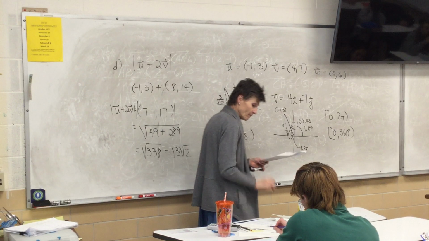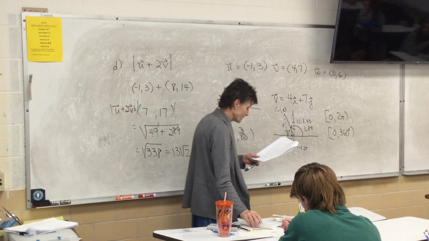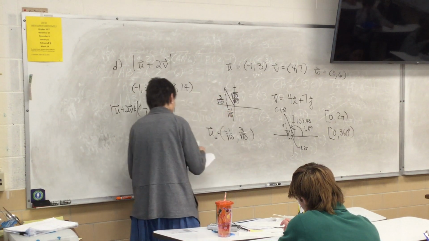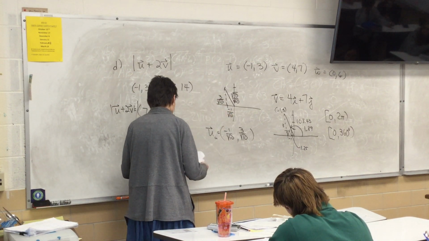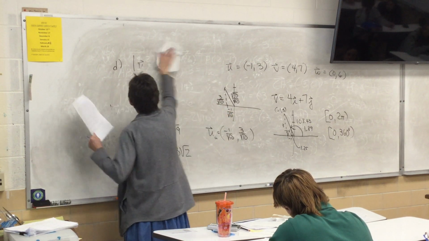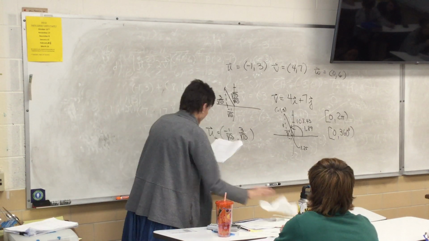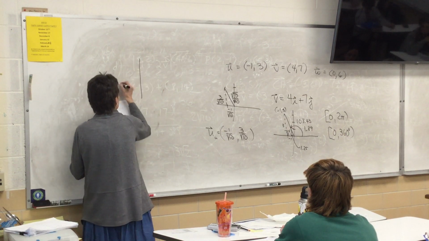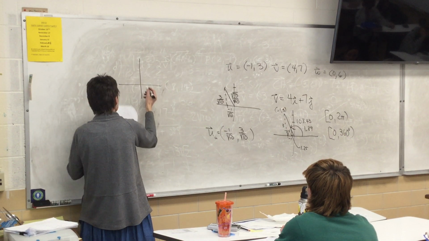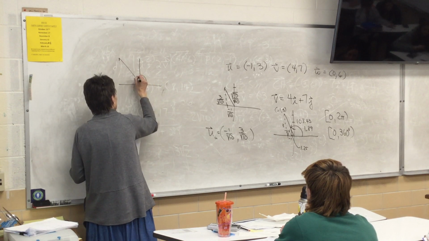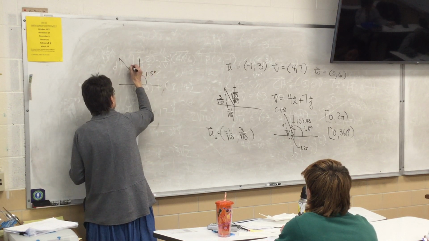All right, number 7: find the coordinates or the components of a vector with magnitude 7 and a direction angle of 115. Draw this guy. He has a magnitude of 7 and a direction angle of 115.